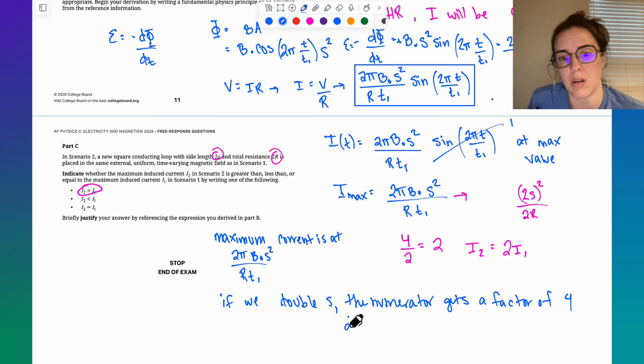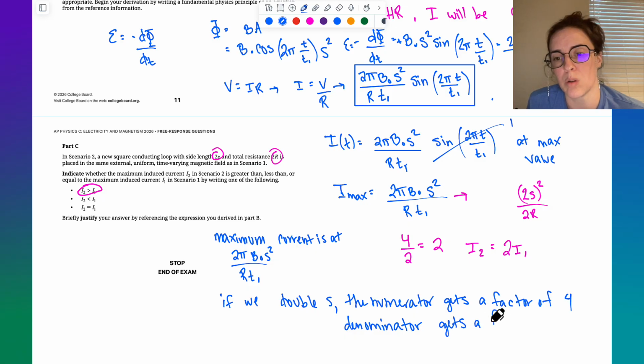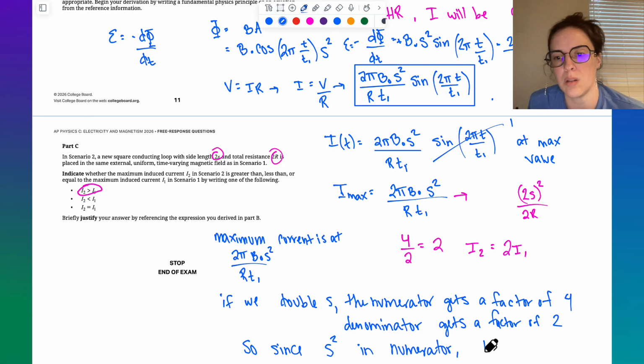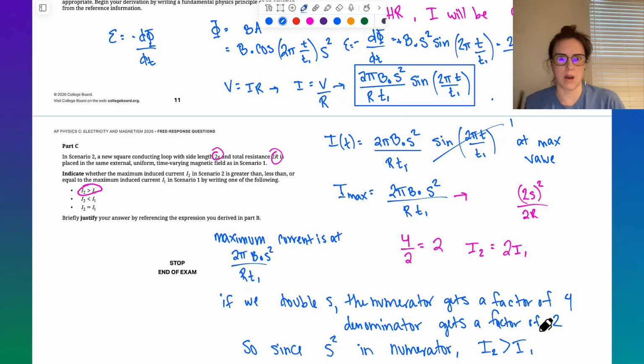And the denominator, sorry if my handwriting is unintelligible right now, gets a factor of 2. So since s squared is in the numerator, I2 is going to be bigger. That would be enough for that.